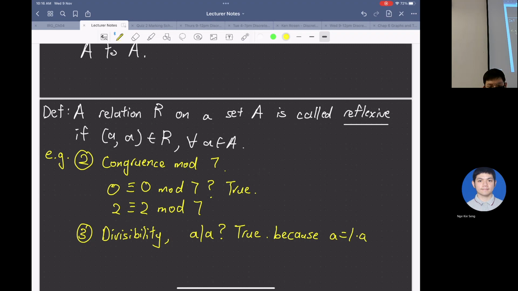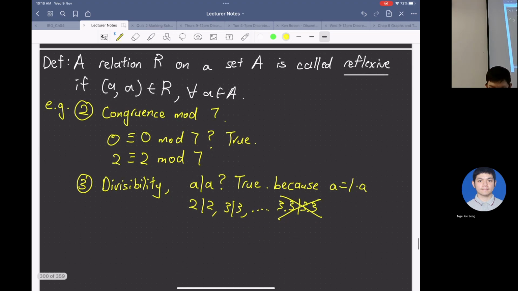So this means you divide yourself. 2 divides 2, 3 divides 3, and so on. Don't put 3/3 though, it's on Z only.